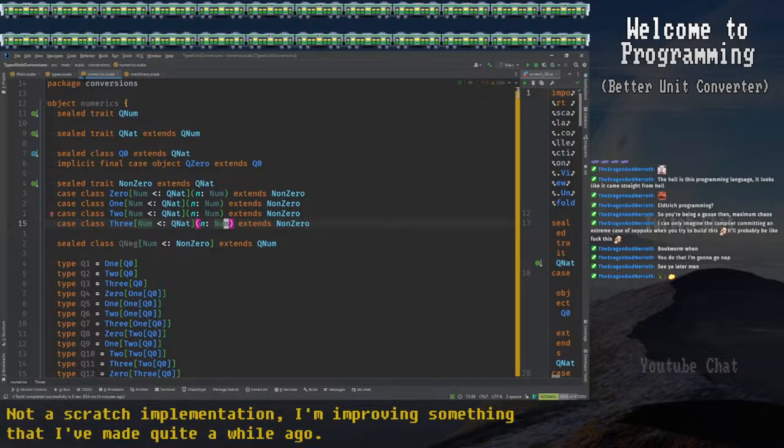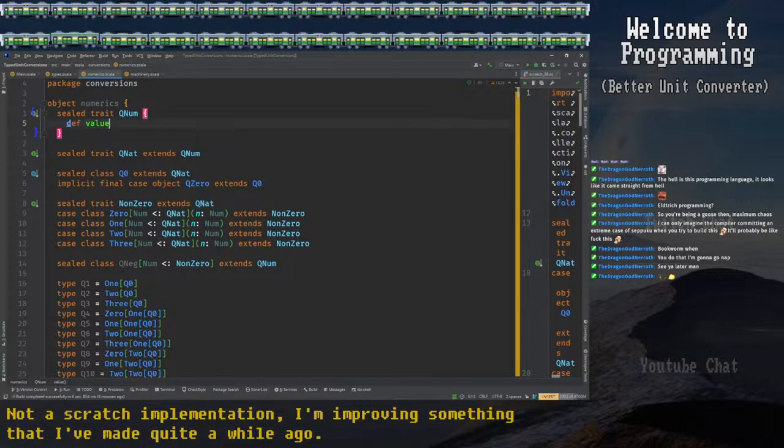How did I convert these into real numbers in my other library? All right, let's see. I don't think we need anything larger than int.